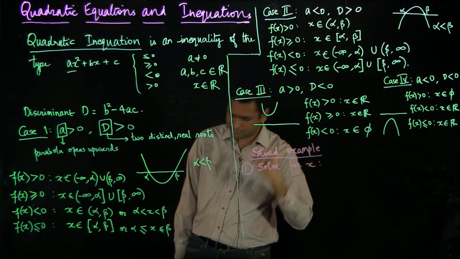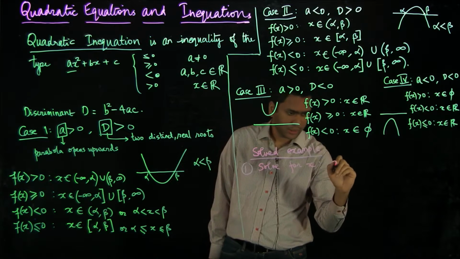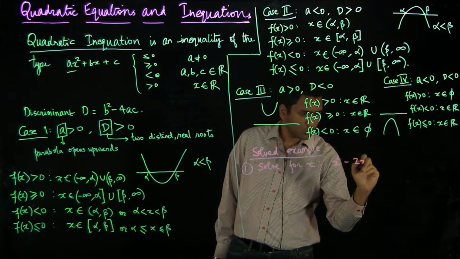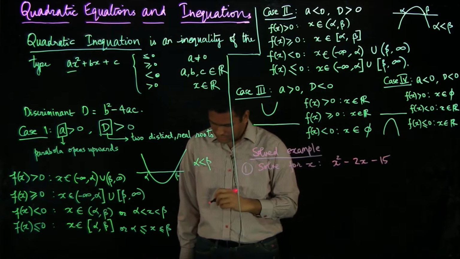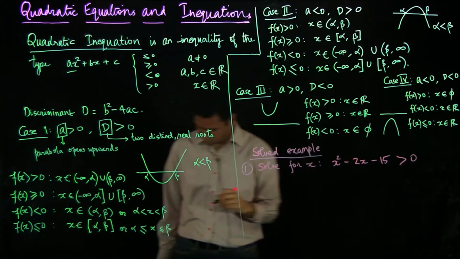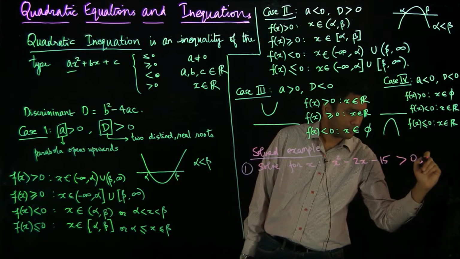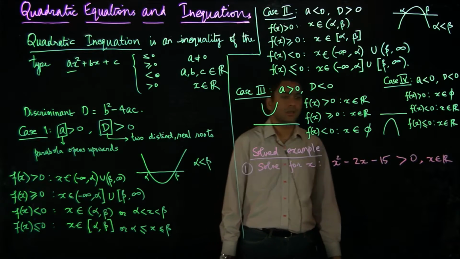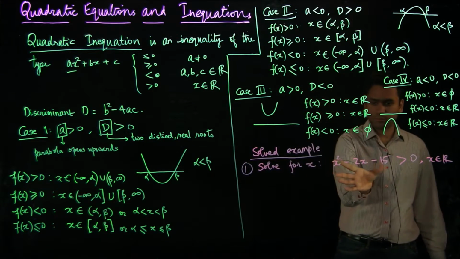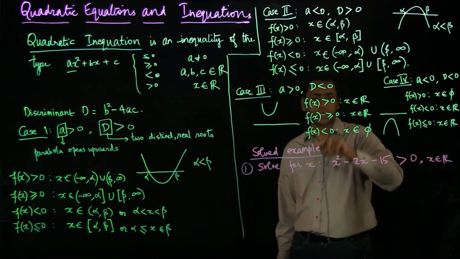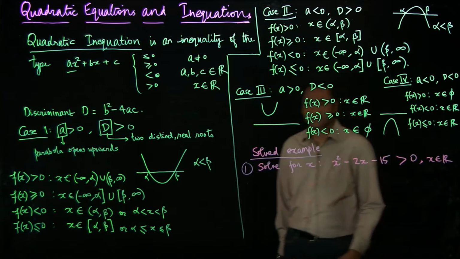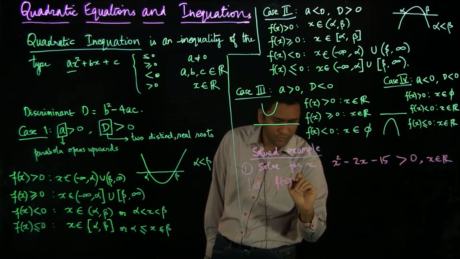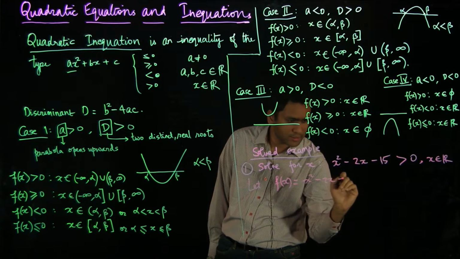Solve for x. x squared minus 2x minus 15 is greater than 0, and x can only be belonging to the set of real numbers. So to start with, the polynomial associated with this inequality is x squared minus 2x minus 15. So let us denote that by f(x). So let f(x) equals x squared minus 2x minus 15.